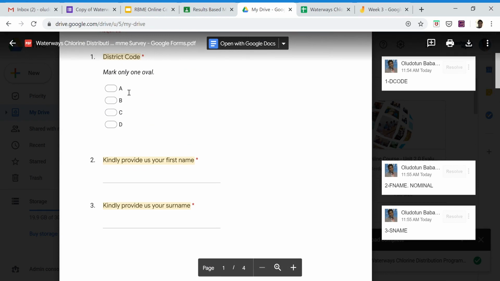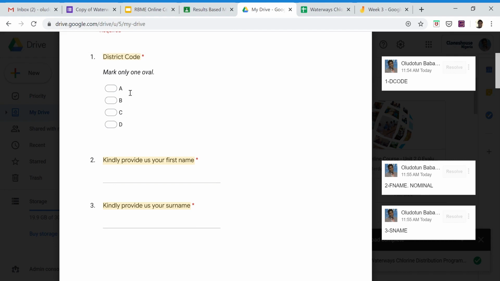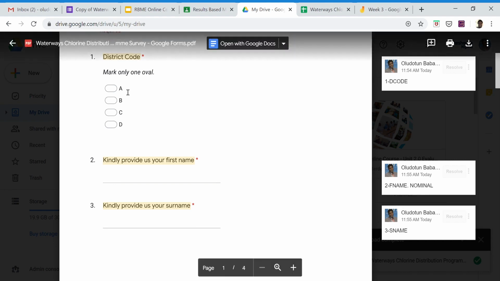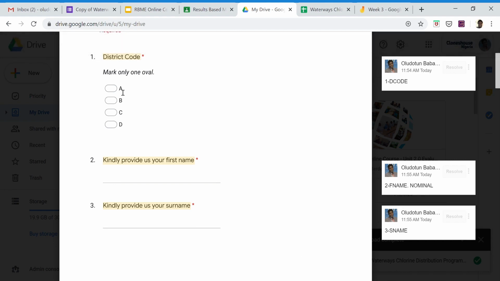You could code a discrete code with 1, 2, 3, 4. Yes, this could be coded, and also where we just used A, B, C, it's going to be the name of a district. So you need to code each and every one of these.